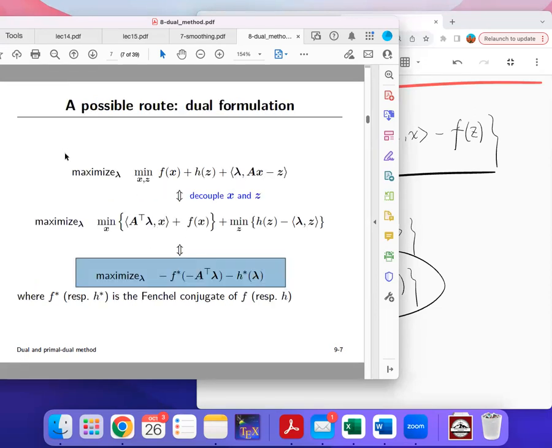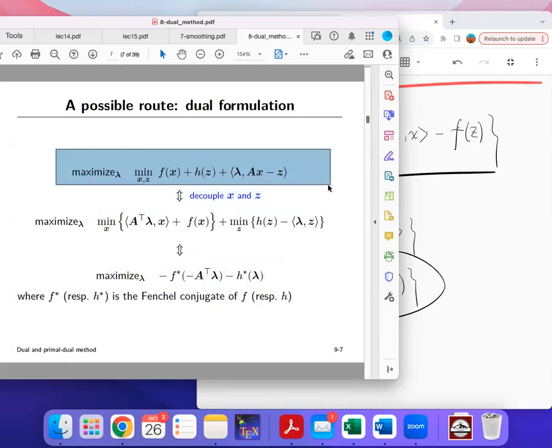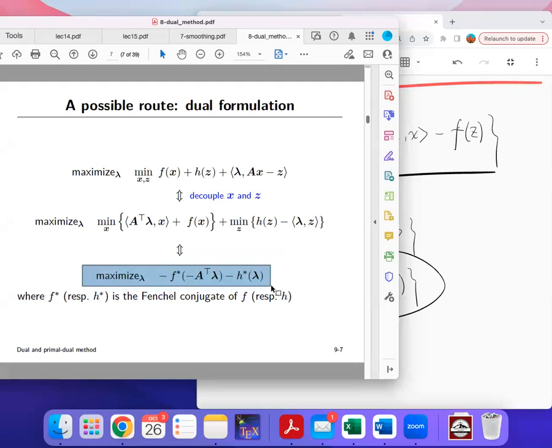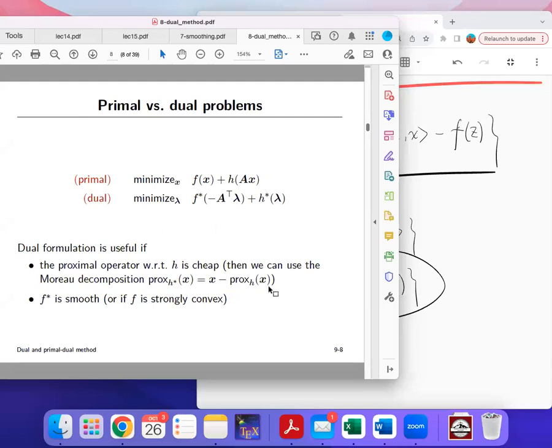So for the dual form, we start from here, and it turns out that it can be rewritten in a compact form, in such a dual form. In this dual form, we are working on the multiplier. We are optimizing over the multiplier lambda, and the functions become the conjugates, f conjugate and h conjugate.